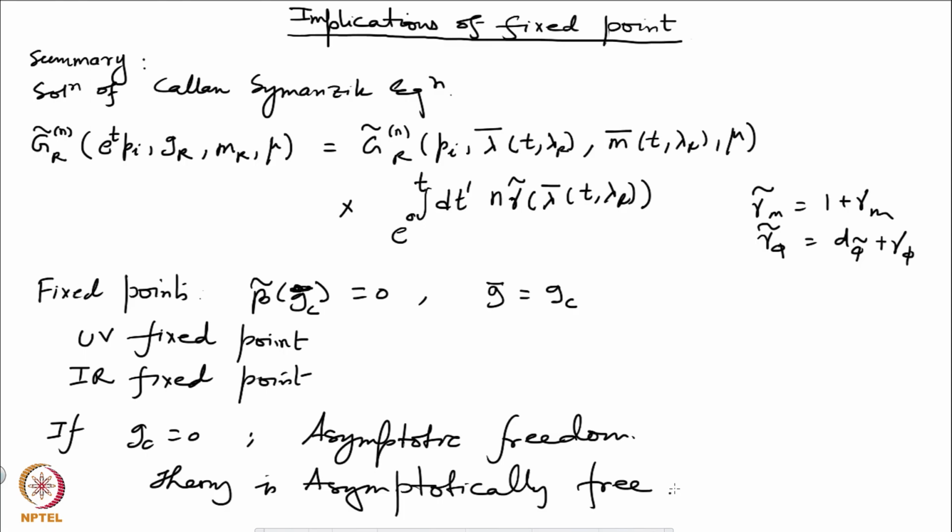Phi^4 theory is not asymptotically free. QCD is an asymptotically free theory. QCD is the theory of quarks and gluons, and it's based on the SU(3) group.